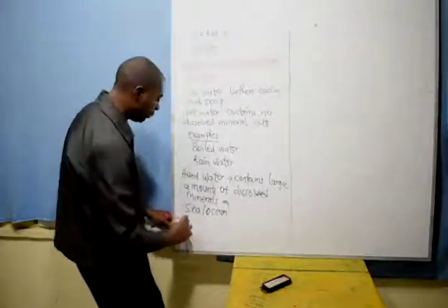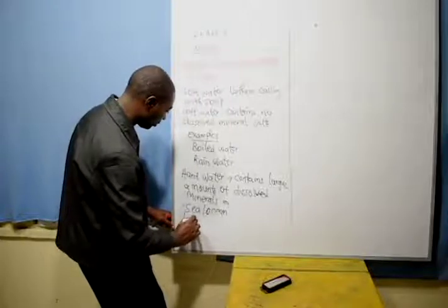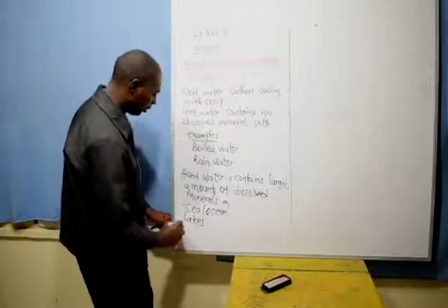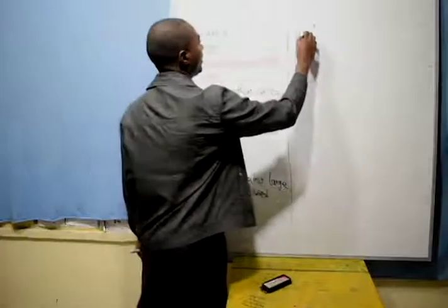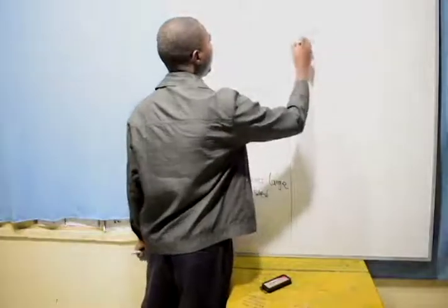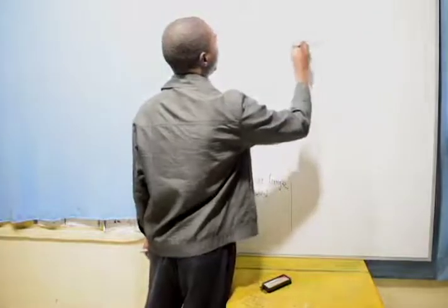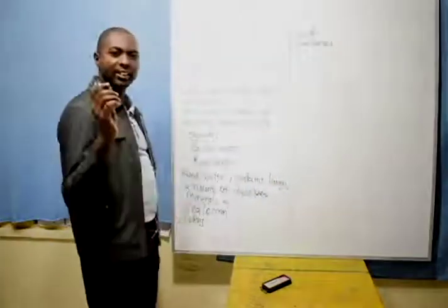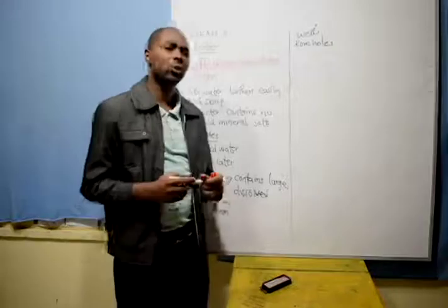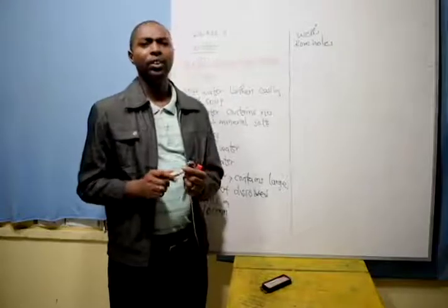Number two, we have the lakes also. We also have wells. We have the boreholes. All these sources of water contain hard water, but rarely does water exist in soft form.